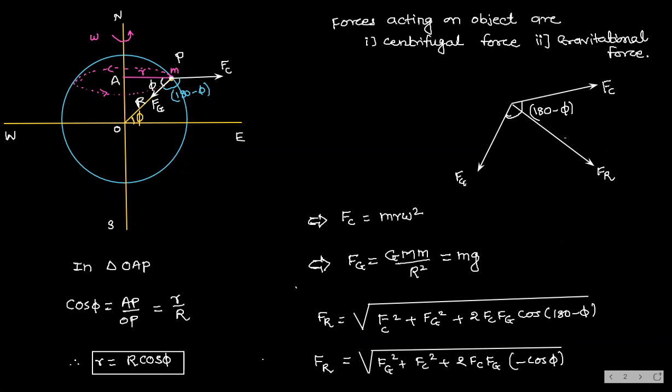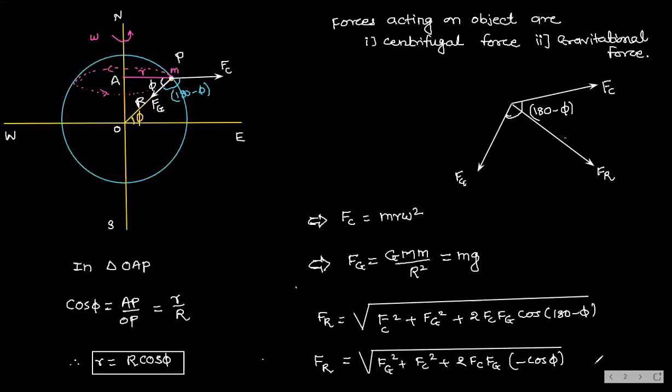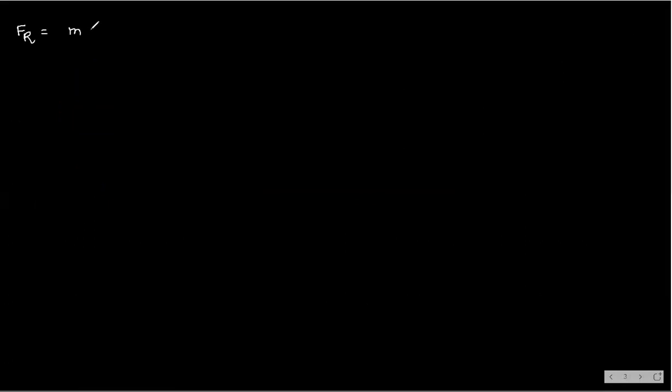Okay. Now I am substituting the values. Listen carefully. Fr is equal to, first one is Fg. Fg is what? mg. So (mg) whole square plus, next is Fc, the formula is (m r omega square) whole square.